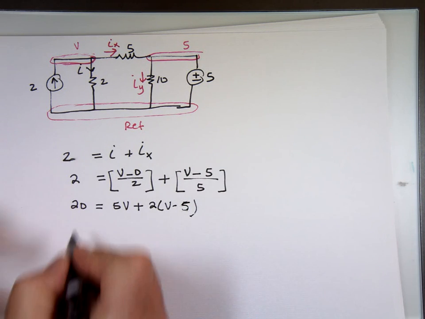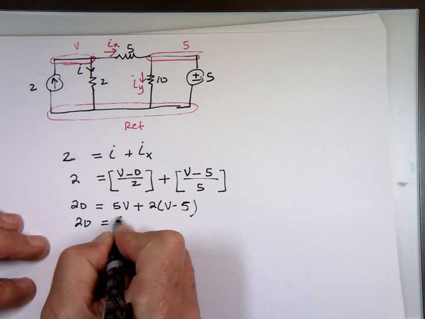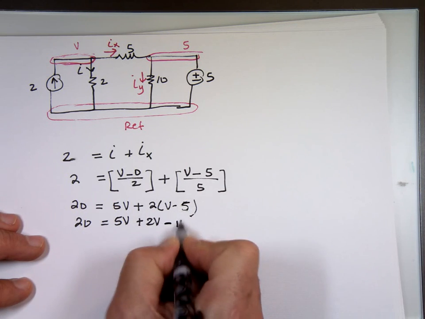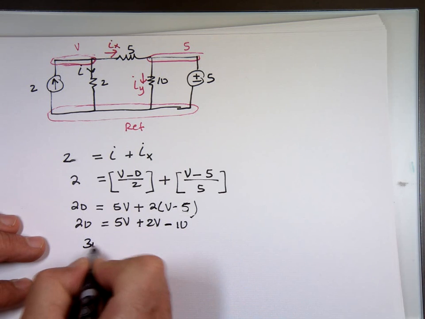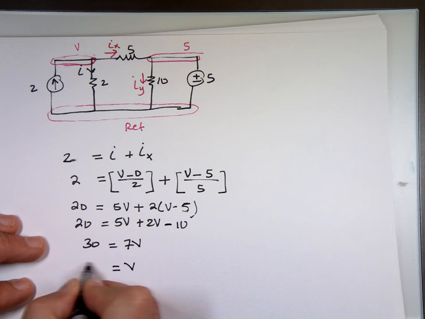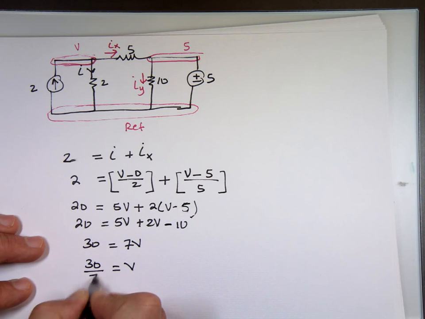Distribute that. Bring it here, that's 30 equals 7V. What's V equal to? 30 over 7.